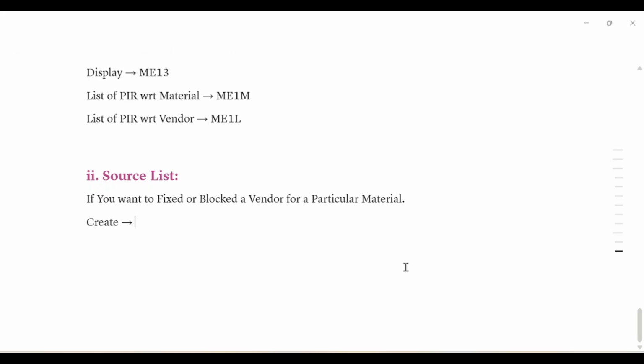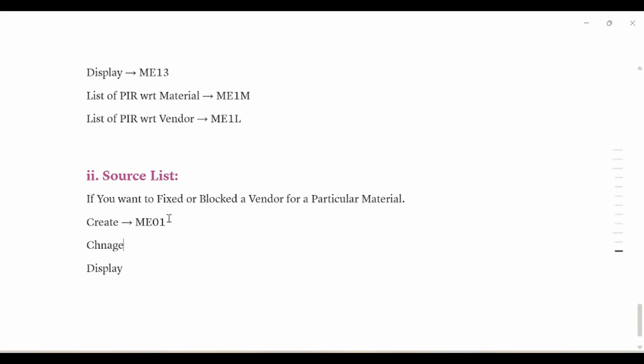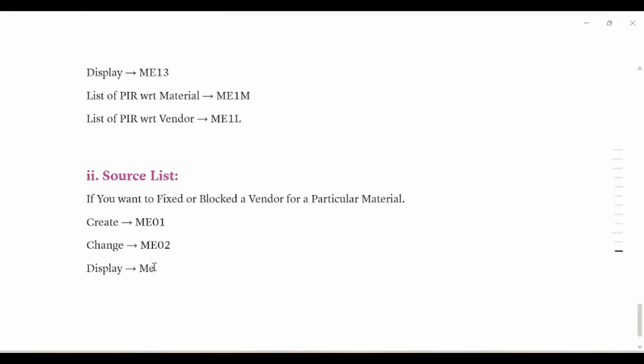For source list, use T code ME01 to create, for change ME02, for display ME03.